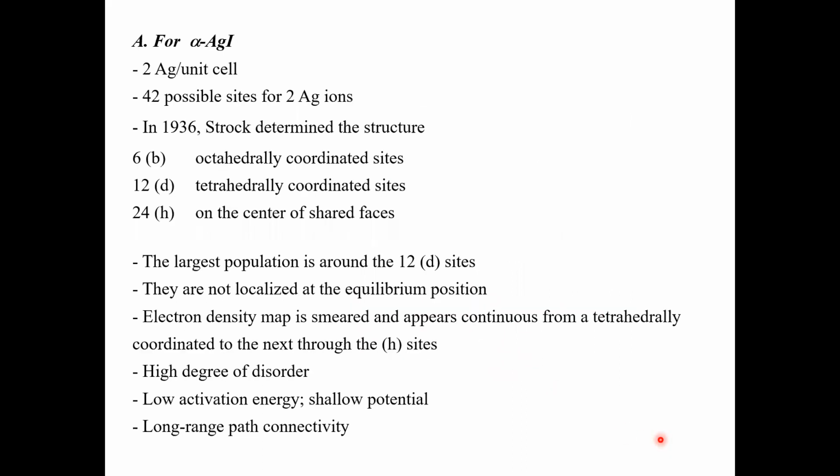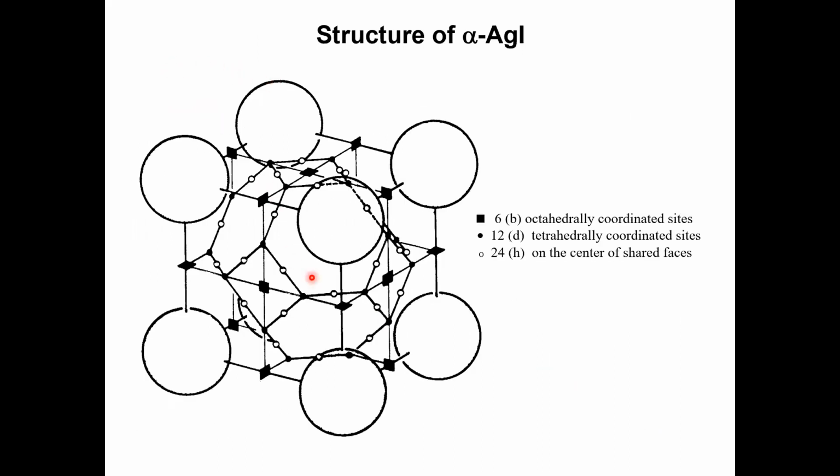And I'm going to illustrate these with an example, taking alpha silver iodide. Alpha silver iodide has a body-centered cubic arrangement of iodine. These are the iodine; there are 2 iodine per unit cell. And for these 2 iodine per unit cell, there should be 2 silver.